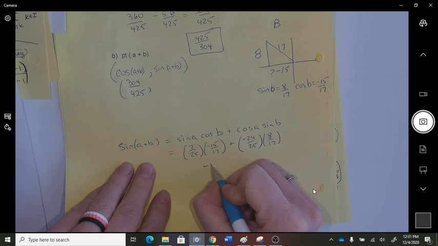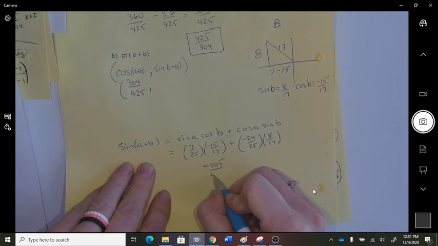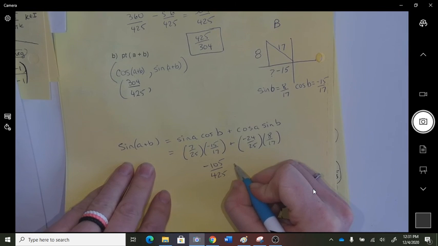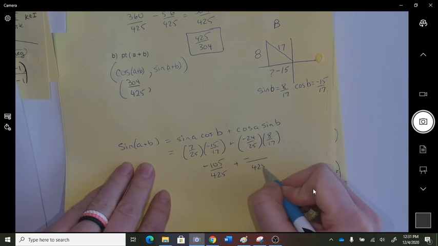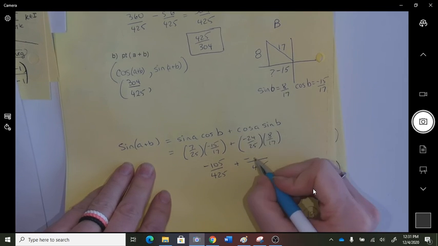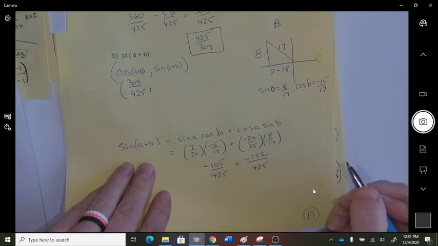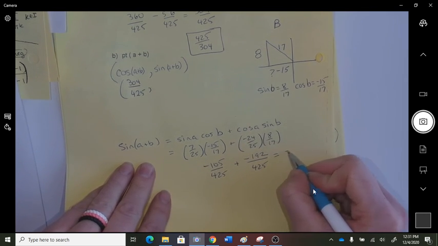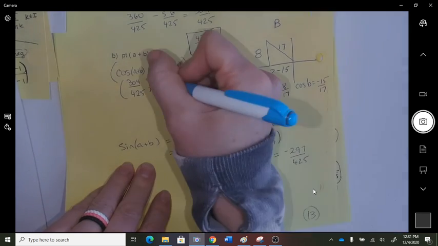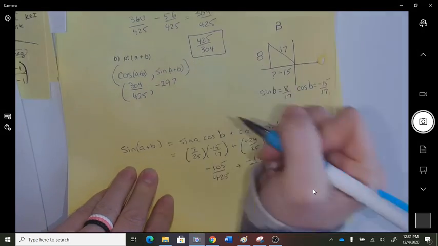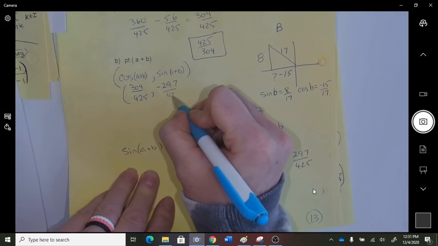Okay, so this comes to negative 105 plus a negative, so 24 times 8 is 192. So negative 297 over 425. And now I can fill that in to my coordinate.